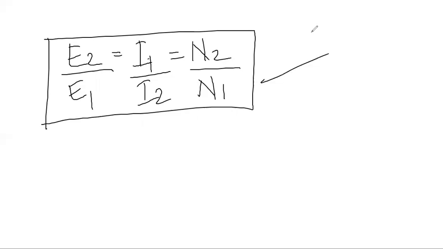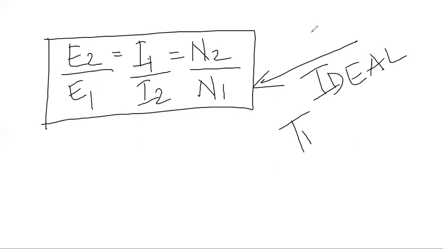And remember, we can only use this if it is an ideal transformer, else we will not be using this. So we have to be careful in what we do.